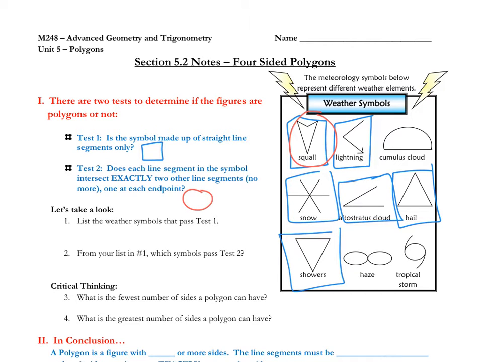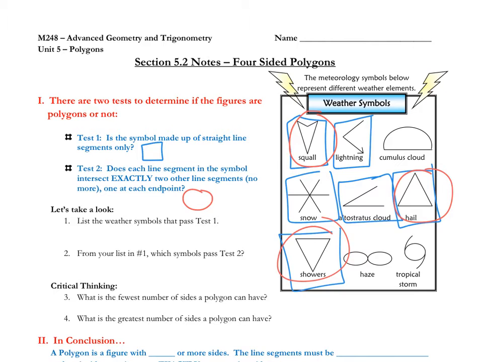Snow would not be true because it intersects multiple times. Again, the cloud would not be true. There's no connection here. Hail would work and showers would work. So the three that are both a square and a circle that we went through are considered polygons.